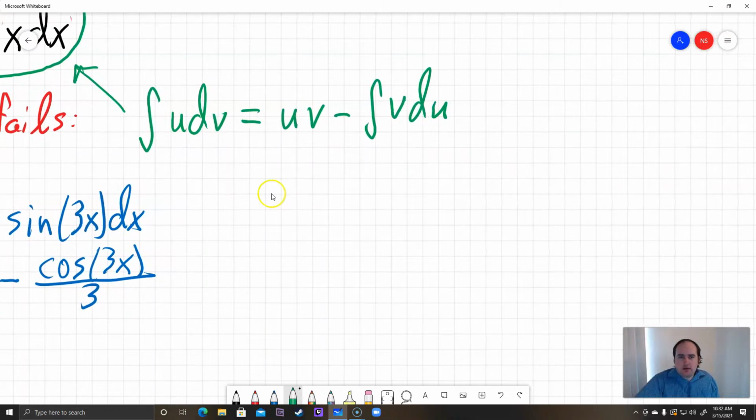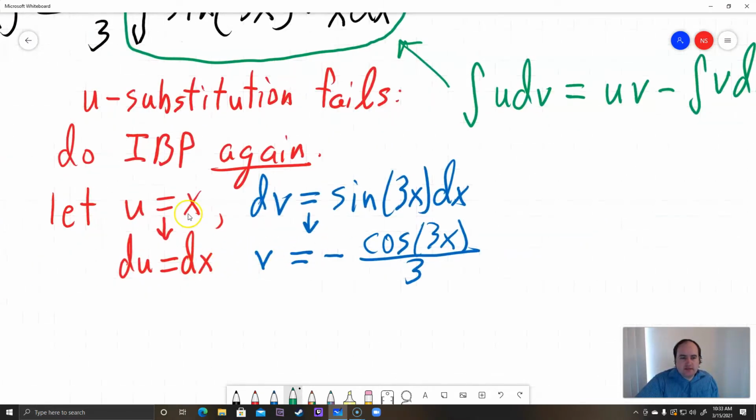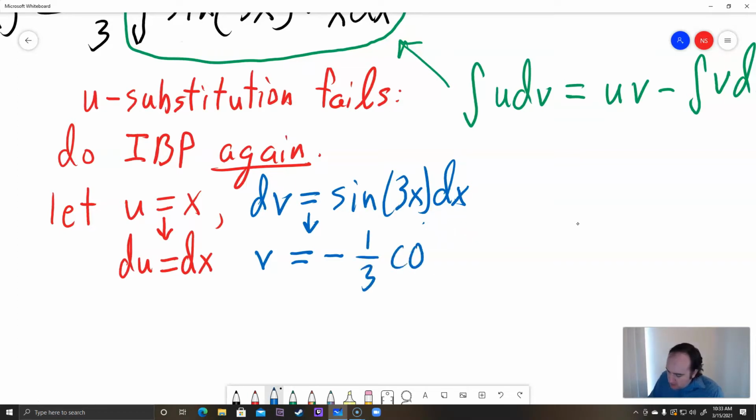Okay, so integral of u dv is going to be uv. Well, we said u was x and v was negative cosine of 3x over 3. Well, we can simplify that to write it the way they usually do, which is going to be negative 1/3 cosine of 3x.